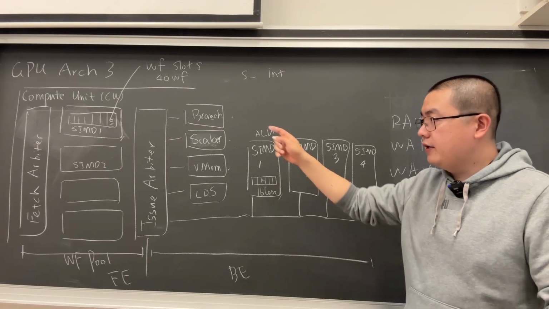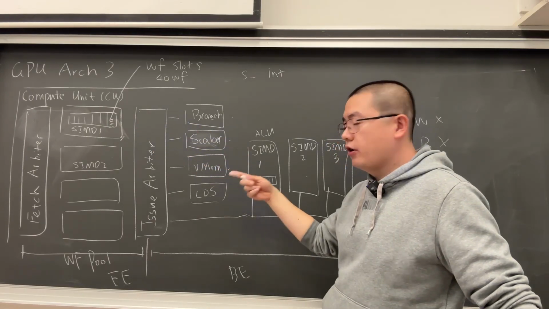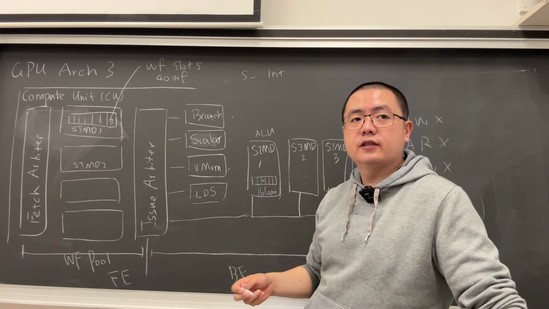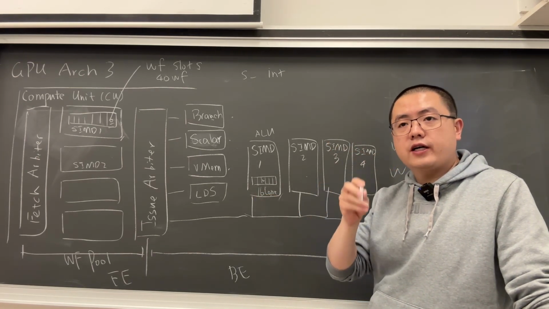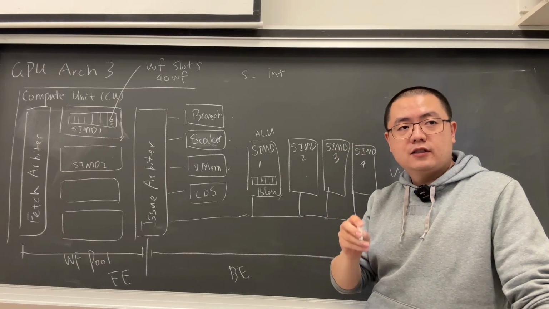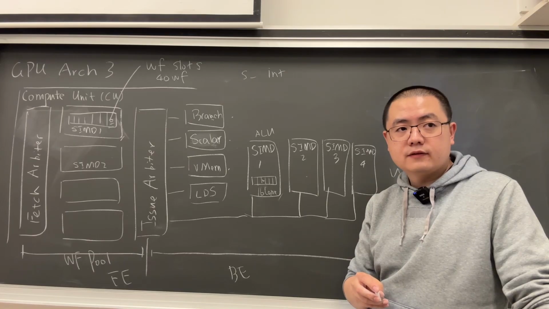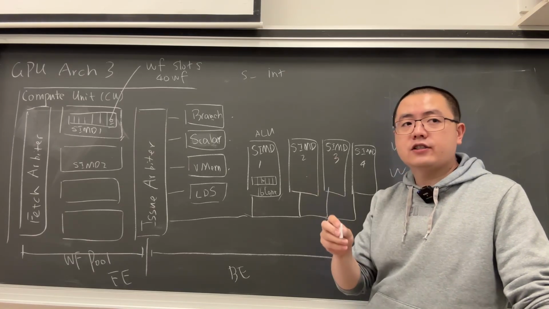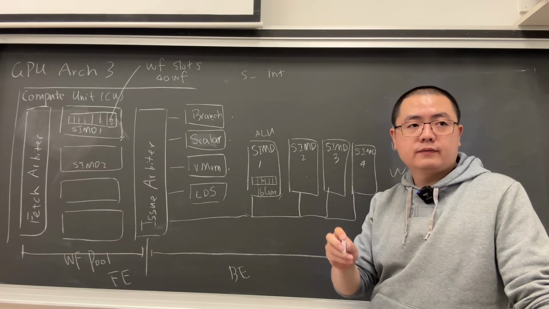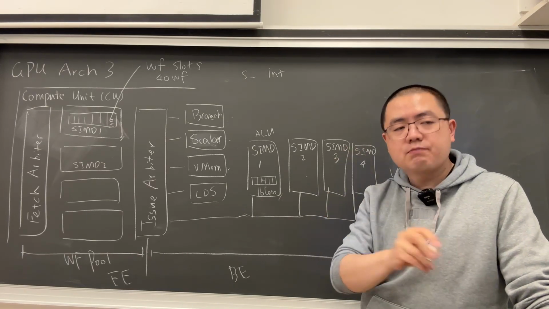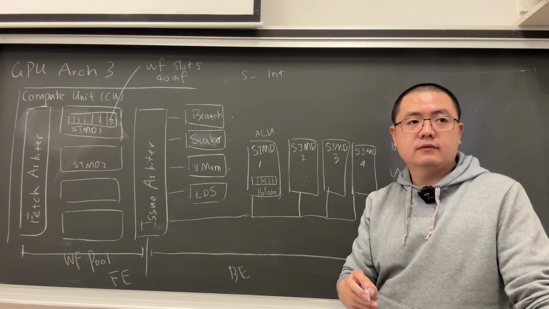AMD only relies on finding another thread that may be able to occupy another unit to improve this parallelism. But NVIDIA also tries to find opportunities from 1 thread. So NVIDIA has multi-issuing from one warp. AMD in the classic architecture doesn't allow that.